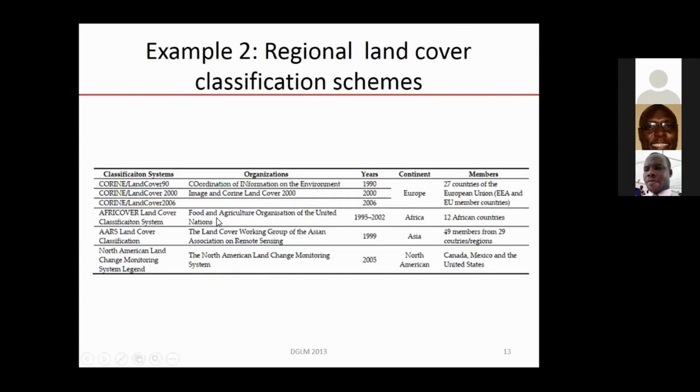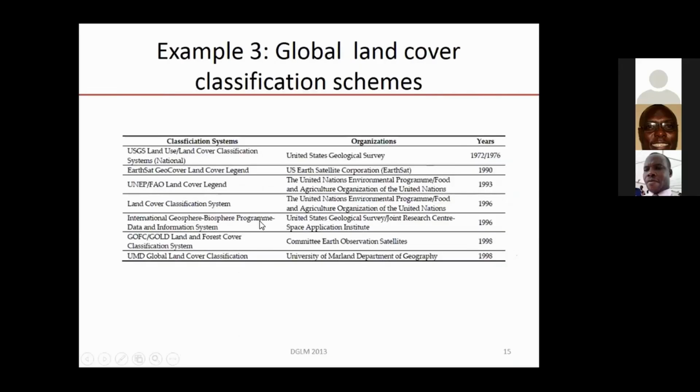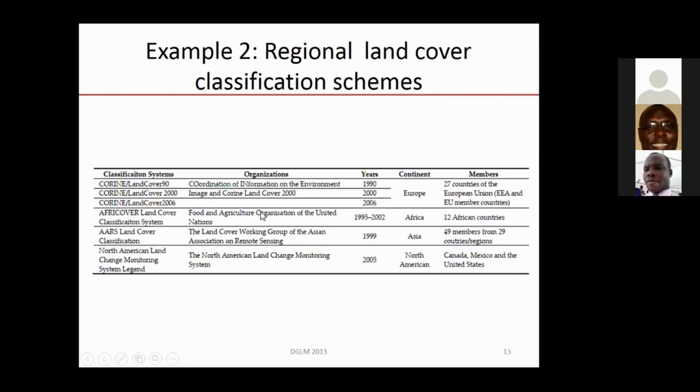I asked a friend in NFA, and he told me that because the donors these days, and FAO is supporting some of their work, have dictated that they should report using the Africa land cover classification. And that means that if there was any data set that was created using, for example, the NBS, you need to make sure that you harmonize it to the Africa land cover classification scheme that's being piloted at NFA.